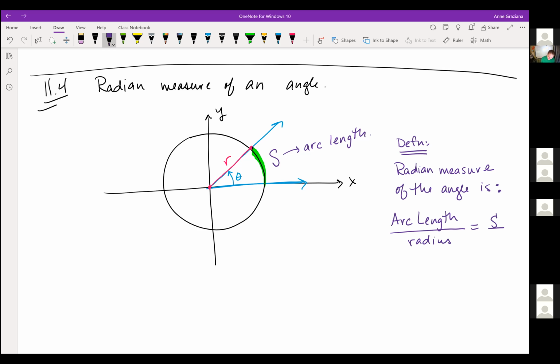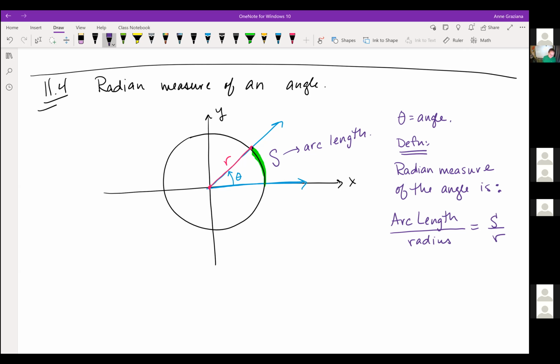So this is for any circle, okay? If I want to measure theta in terms of radians, so this angle, theta, is the angle, okay? If I want it in radian measure, I would have to take that distance, like what we just talked about, and divide by the radius, okay?